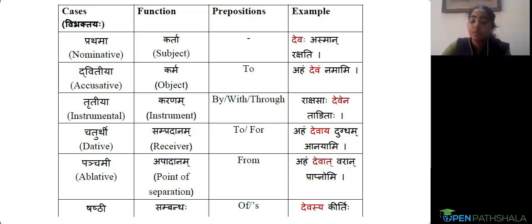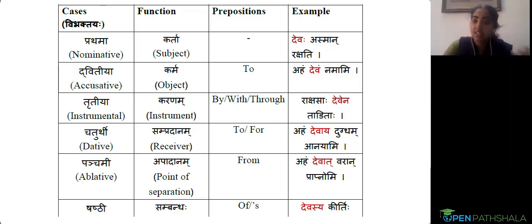So while translating this sentence, Rakshasaha devena taditaha, demons are beaten by God. The preposition that you use in English to convey the sense of devena is either by, with, or through. So this column of prepositions signifies the word that you use in English to translate the original word from Sanskrit. So Devaha, when it means the subject, there is no use of any preposition in English translation, because it is the subject.